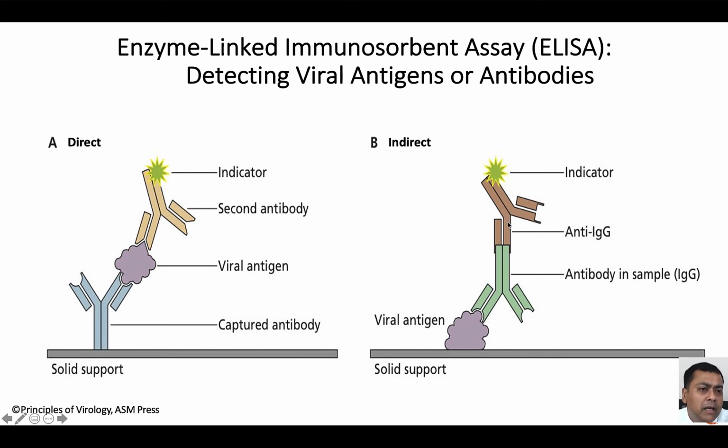But usually commercially, the goat, cattle, horses, llamas are the ones which are humanely bred to produce these secondary antibodies. Once they are purified, these antibodies are attached to a chromogenic substance or indicator. Usually an enzyme called horseradish peroxidase is added to these, and you add a substrate. If there is antigen-antibody binding, and if you have the viral antigen, then you will get a colored reaction, which you can read in an ELISA plate.